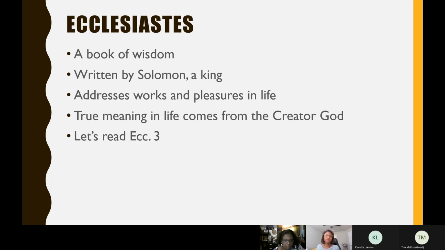But the whole theme of this book is like little lessons. And people will just read this, even if they're not Christian. A lot of the lessons are just like life lesson stuff. We're actually going to take a look at something in just a second in Ecclesiastes 3. And Ecclesiastes lets us know what the meaning of life really is.